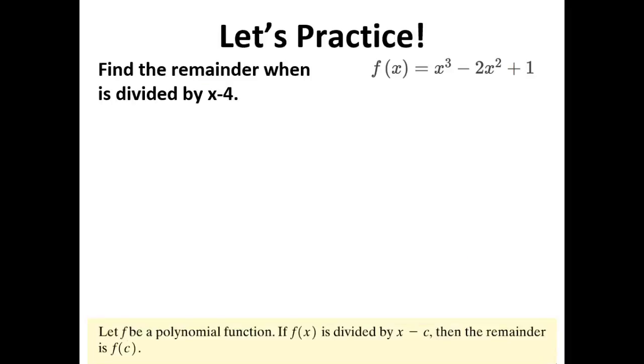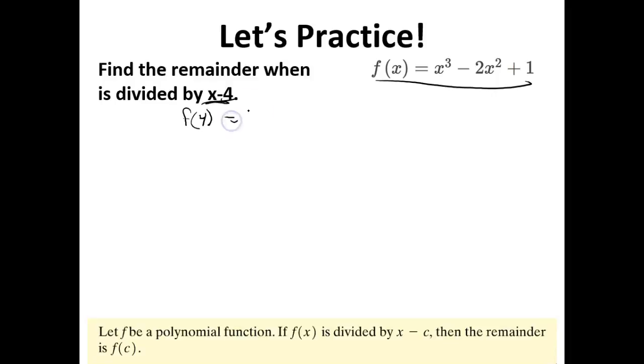Let's practice with it. Find the remainder when this function is divided by x minus 4. When this function is divided by this, we're going to get the same remainder that we would get when we put 4, whatever makes this 0, into the function.